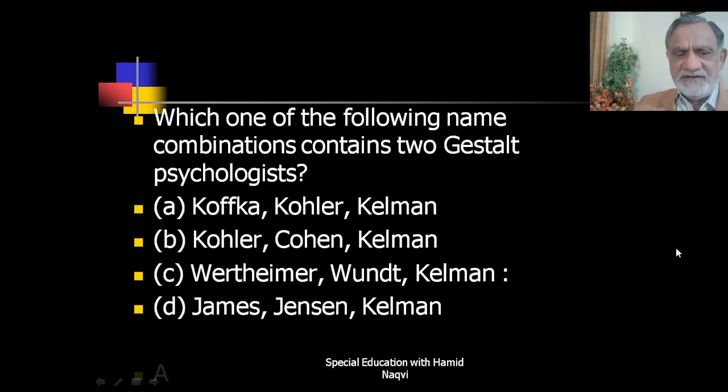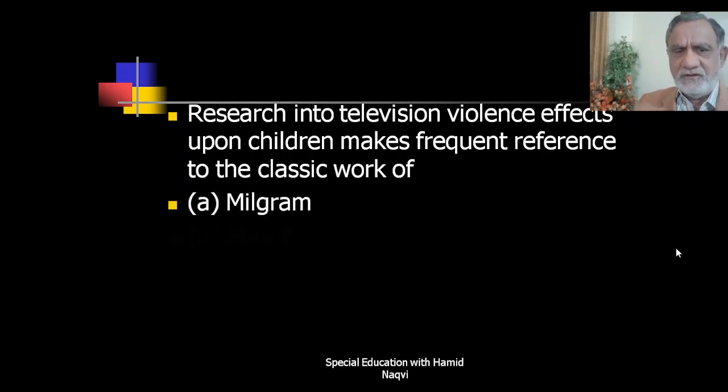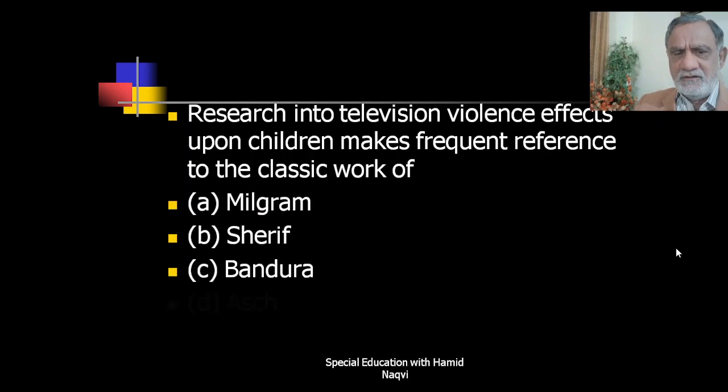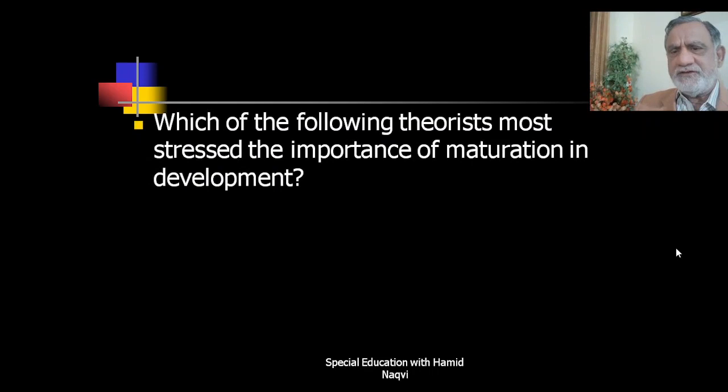The correct answer is A. Next is: research into television violence effects upon children makes frequent reference to the classic work of... and the correct answer is C. Which of the following theorists most stress the importance of maturation in development?